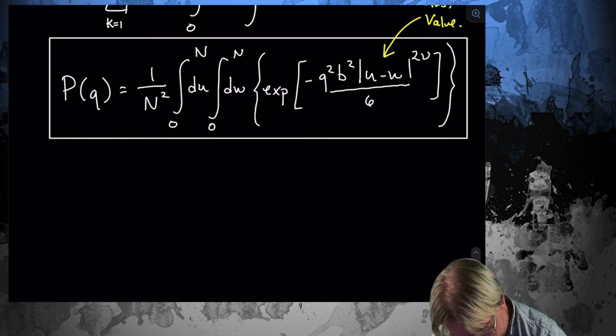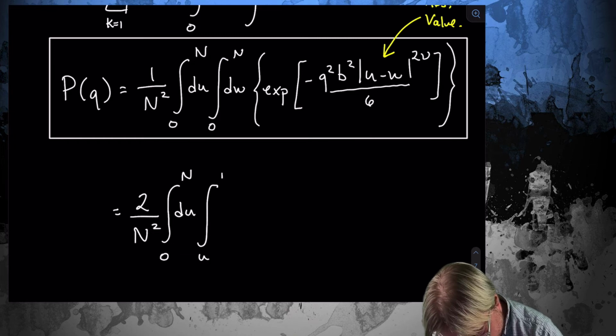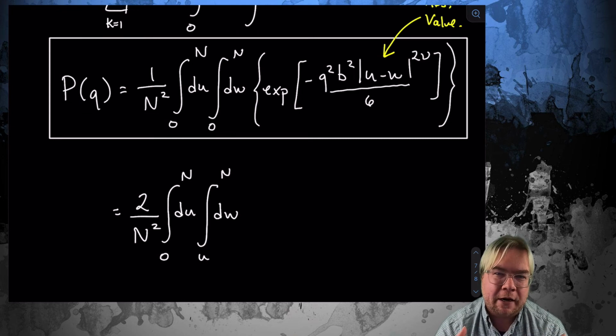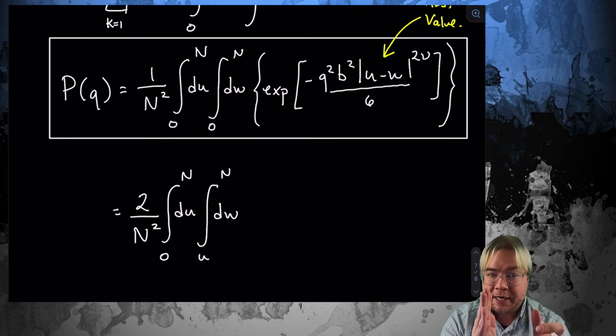And you can also show that this form factor is the same thing as 2 divided by n squared, integral from 0 to n of du, and then the integral from u to n dw. In other words, you don't double count. You only count one pair of distances, one pair of j and k.